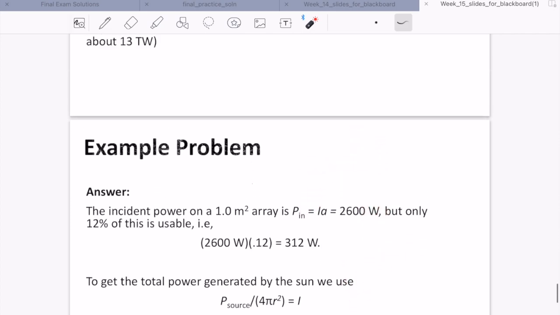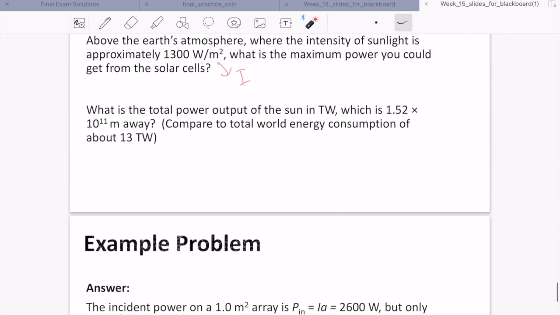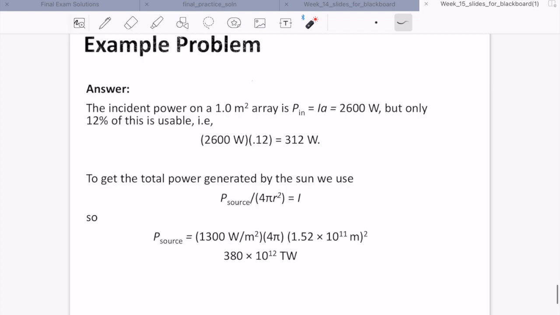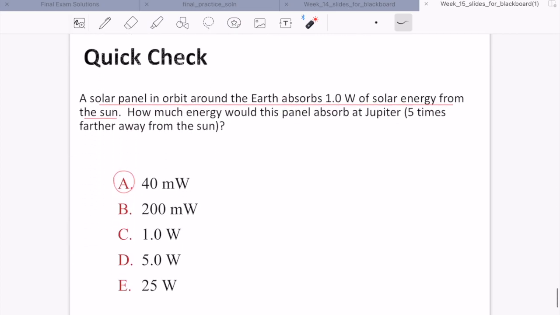The area here for the sun, obviously the sun is a sphere, so it would be 4 pi r squared. The r that they gave us is the distance away, which is 1.52 times 10 to the 11 meters, so this would be our radius. You just take that, square it, times 4 pi, and then times your intensity, which gets your power. Makes sense? It's just a rearrangement of variables to figure out the power of the source.